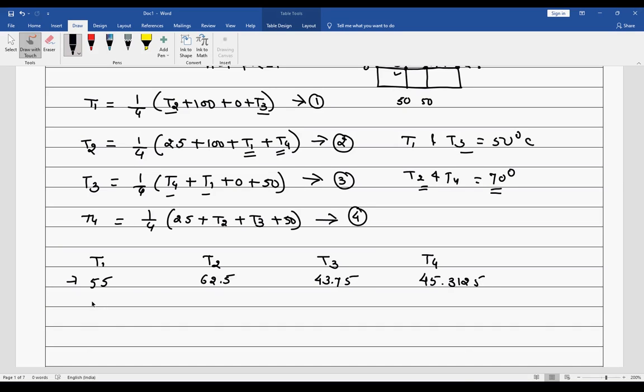Okay. So now again get the value of T1. Use the latest values of T2 and T3, which are 62.5 and 43.75, and from equation 1, get the value of T1 again.